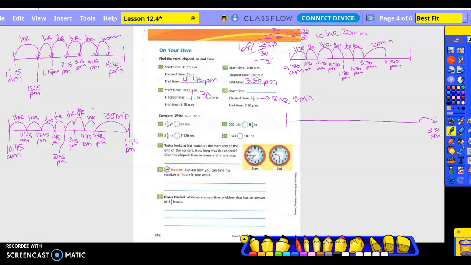I go back 1 hour, that gets me 2:30 p.m. Go back an hour, and another hour, that gets me 12:30 p.m. Go back another hour, that gets me 11:30 a.m. Back another hour, 10:30 a.m. Another hour, 9:30 a.m.